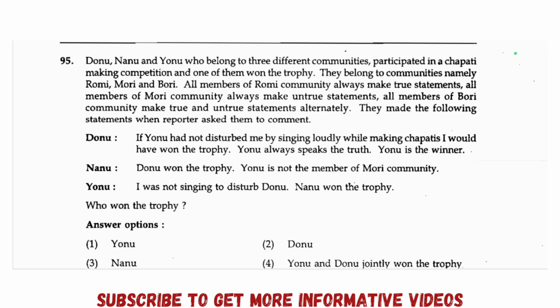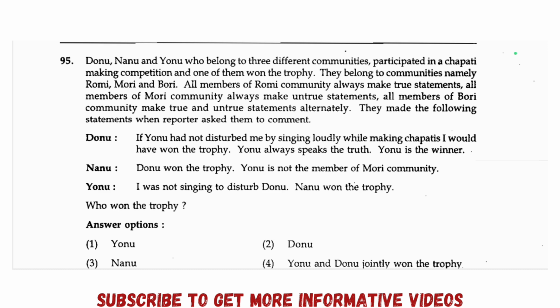Next, Donu, Nanu and Yonu, who belong to three different communities, participated in a chapati making competition and one of them won the trophy. They belong to communities namely Romi, Mori and Bori. All members of Romi community always make true statements. All members of Mori community always make untrue statements, and all members of Bori community make true and untrue statements alternately. They made the following statements when the reporter asked them to comment.